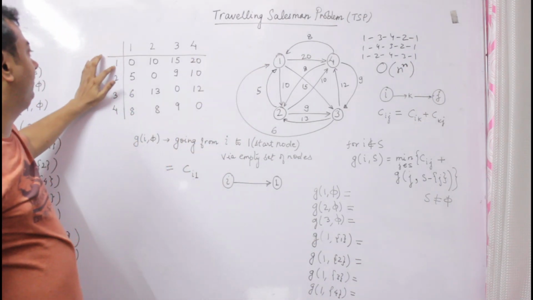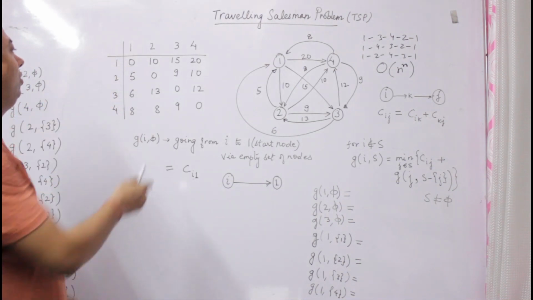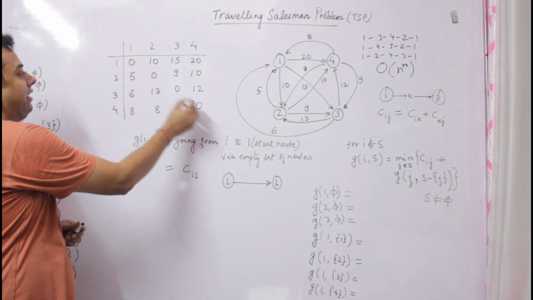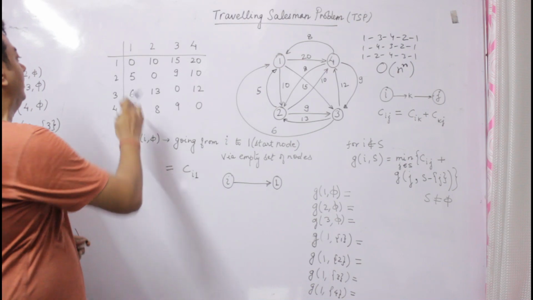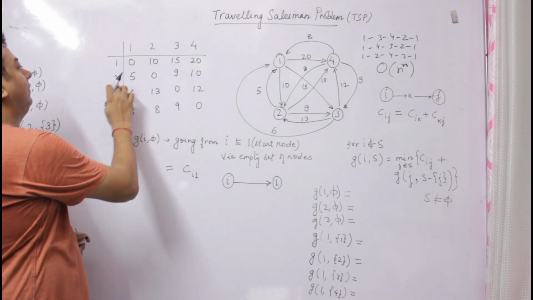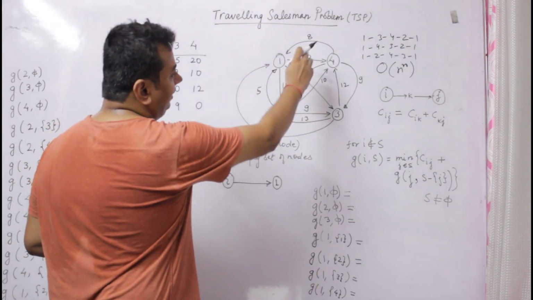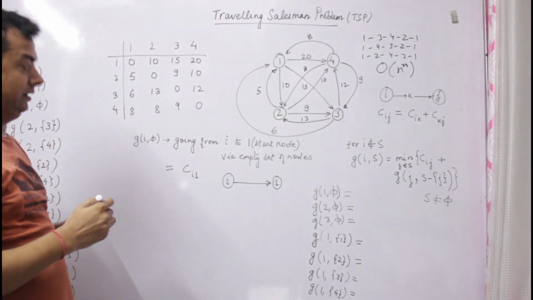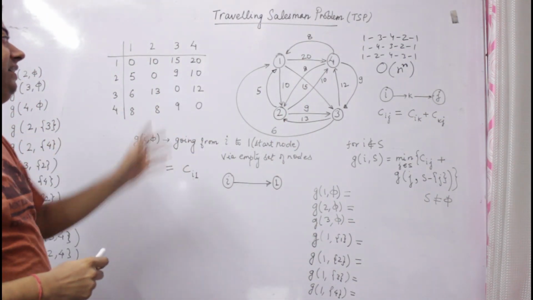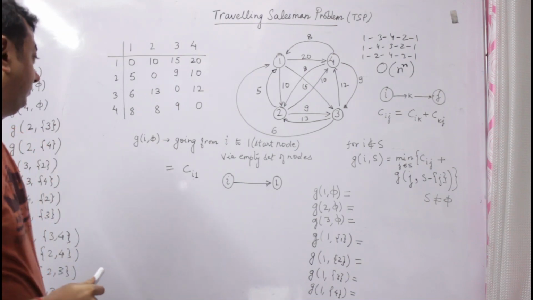If you see, 1 to 1 is 0, so all the diagonal values are 0. From 1 to 2 is 10, and from 2 to 1 is 5. So the connections are symmetric, but the costs are different.